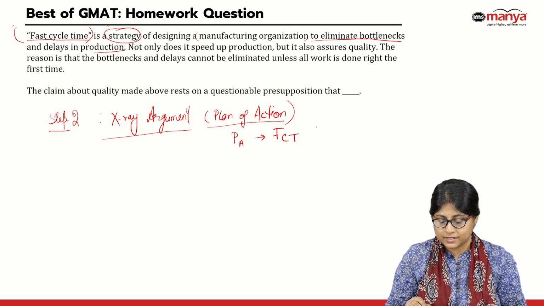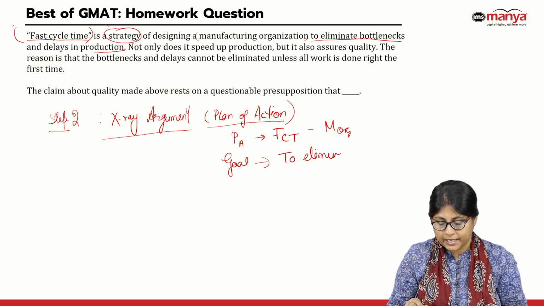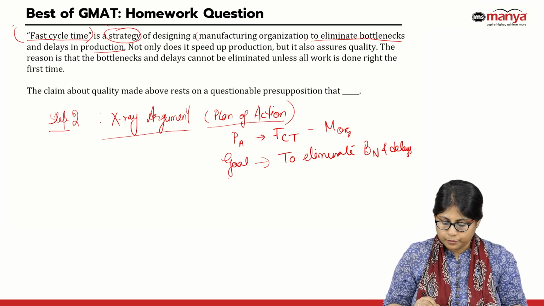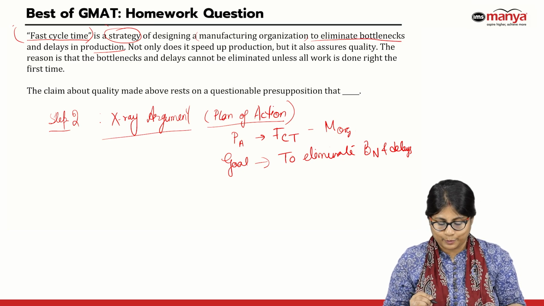Let us adopt fast cycle time whenever we are designing any manufacturing organization. Now, what is the goal of the plan? The goal is to eliminate all kinds of bottlenecks and delays. Now, what is the problem? Of course, the problem is bottlenecks. That is the reason we are talking about such a plan.